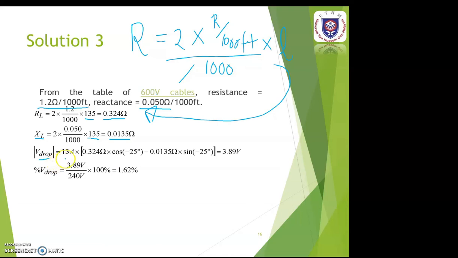Then you use the equation for the voltage drop: I_B times R cos theta minus X sin theta.